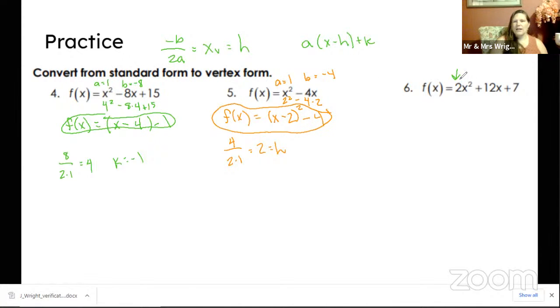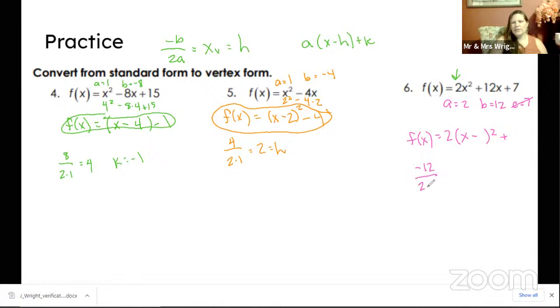All right, last problem here. We see that A is 2, B is 12, and C is 7. We don't really need to know that information. So I can go ahead and begin to fill out part of my answer here because I have an A. It's 2. Just going to go ahead and write that in. An X minus whatever H is squared plus whatever K is. So in order to find H, I'm going to take the opposite of B. B is 12. So the opposite of 12 is -12.